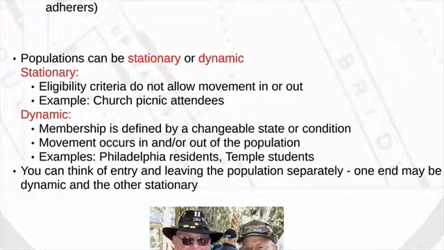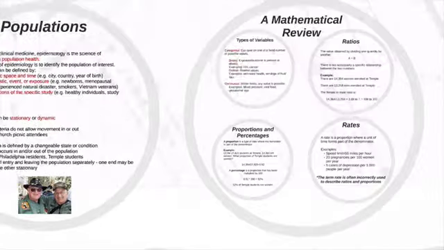So we say, okay, anyone who's a resident of Philadelphia on January 1, 2015, but then they're dynamic on the back end. We can't control that people are leaving Philadelphia and leaving, essentially, our catchment area for understanding their health. So just keep these terms in mind, stationary and dynamic, and we'll come back to identify some more examples of whether populations have these two characteristics.